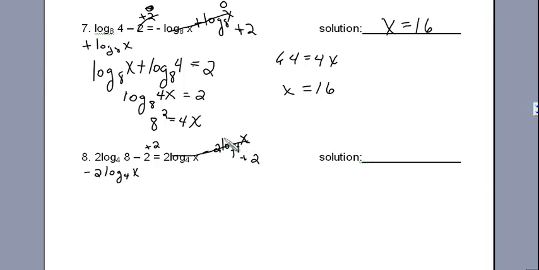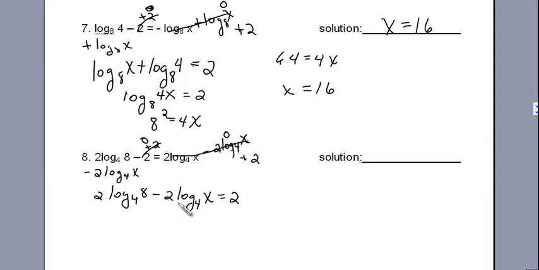So this becomes 0, and so does that when you add them. So 2 log base 4 of 8 minus 2 log base 4 of x equals 2.